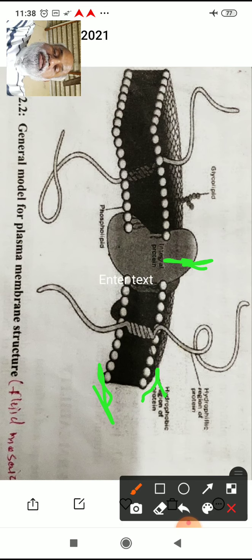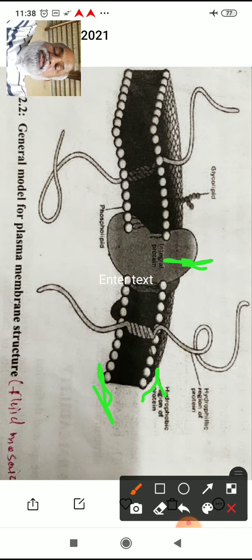Cell membrane receptor protein helps in communication of the cell with its external environment with the help of hormones or other signaling molecules or neurotransmitters.